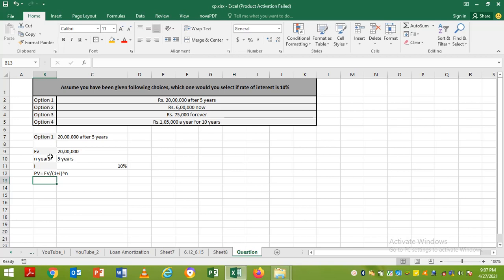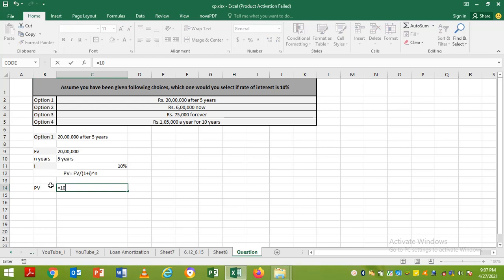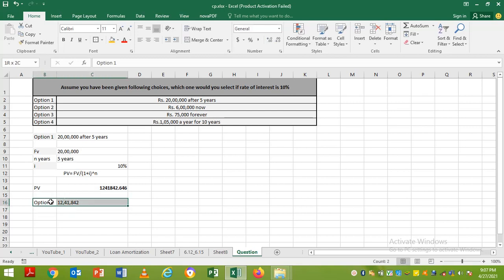Replacing these figures, present value equals 20 lakh divided by 1.10 to the power 5. So this comes to 12,41,842 rupees, which we can receive.